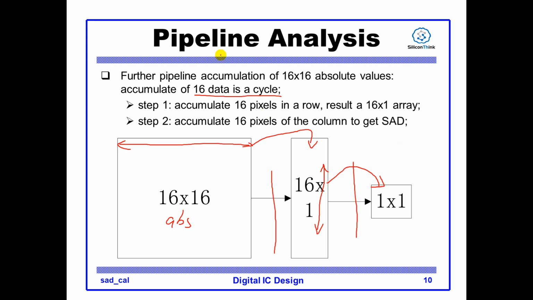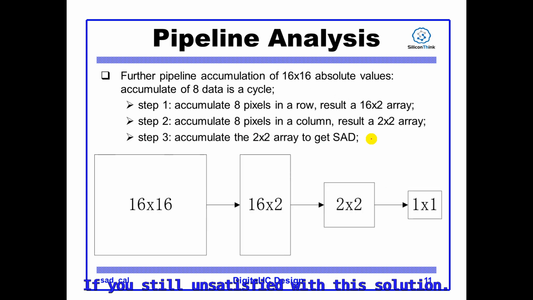So in this method, we further divide the accumulation into two pipe stages. So the longest logic delay here will be accumulation of 16 data. Okay, if you are still not satisfied with this solution, you can further pipeline the accumulation part.